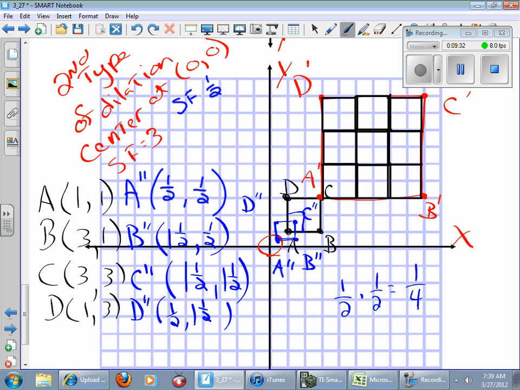They would go here, here, and here. Maybe I should do that in a highlighted color so that it shows up better. Okay, hold on. There we go. Let me take a little highlighter. There's 1, 2, 3, and 4. See? It's 1/4 of the area.